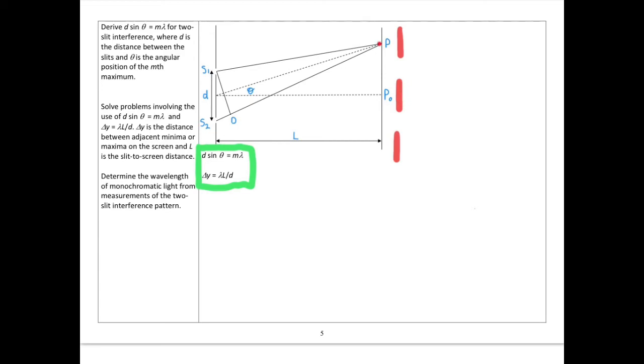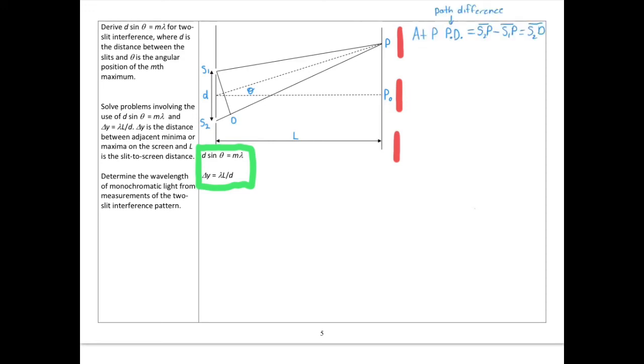But we want to know at some angle, P, where are we going to be? Are we going to be in an area of constructive interference or destructive interference? And if you like, what order is it going to be? Is it going to be a half order difference, or 1.5 or 2.5 if we're talking about the destructive interference? So let's get into it.